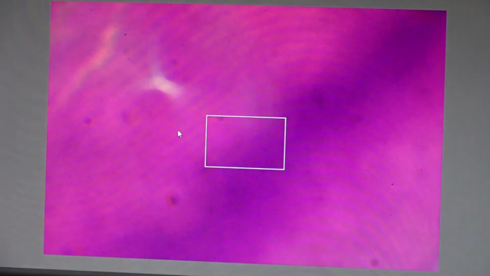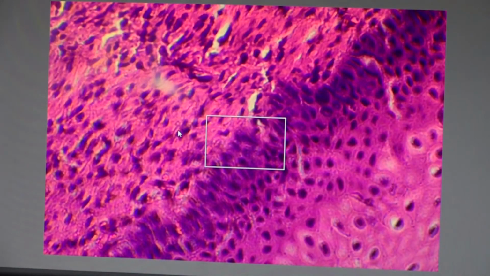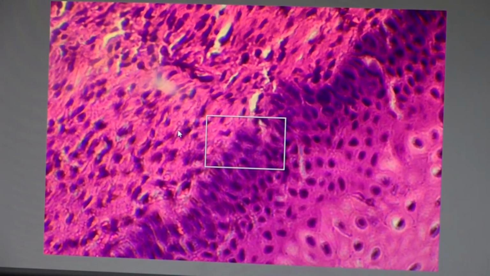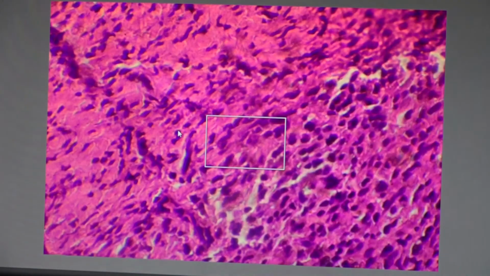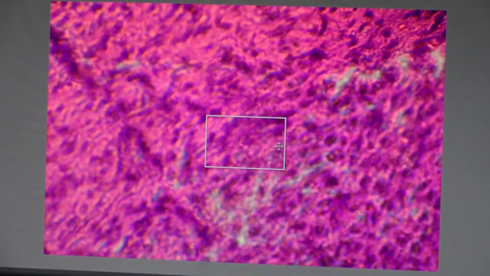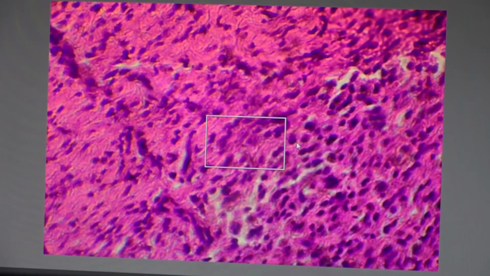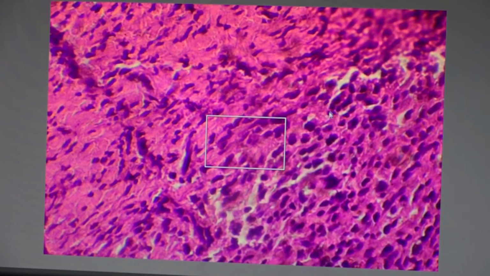Higher power showed the inflammatory cell infiltration, mainly lymphocytes and histiocytes.